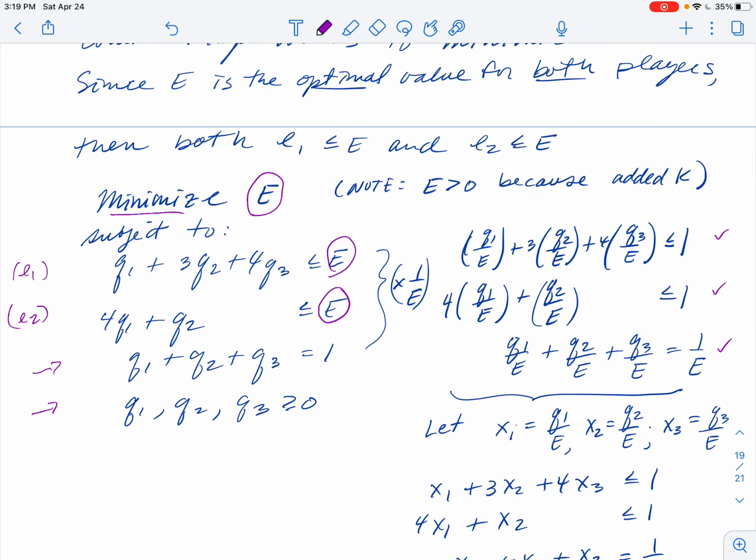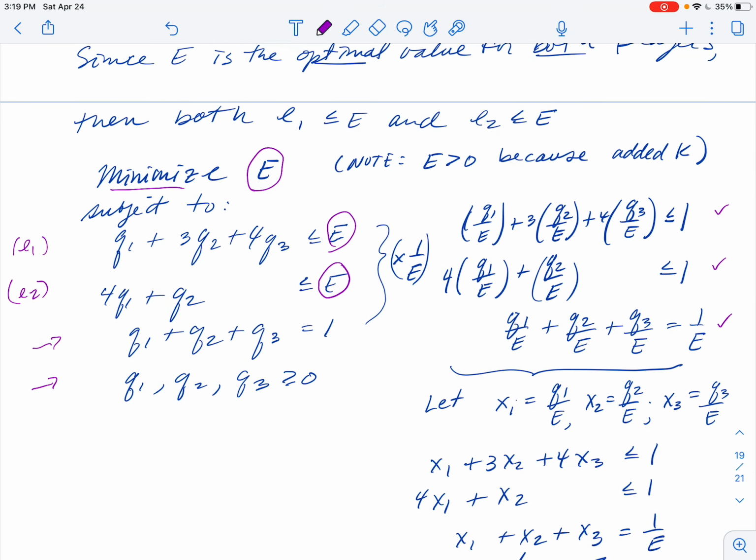Now, notice we could rename each one of these. And that's exactly what we're going to do. We're going to rename q1 over e to be x1, q2 over e to be x2, q3 over e to be x3.